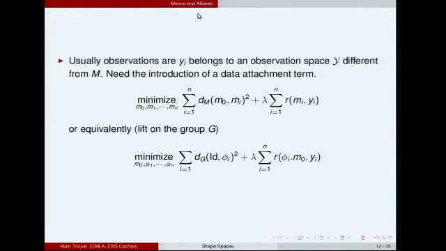So this is not everything, and usually the observation space is larger. So you need to introduce some kind of distance, a discrepancy, between the observation and some estimated point in the model space.